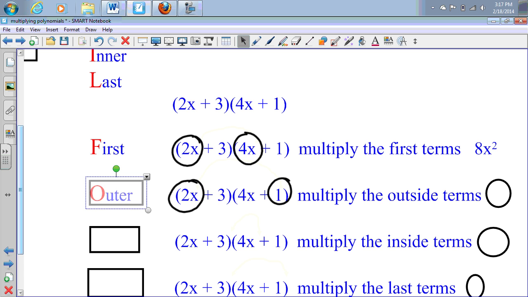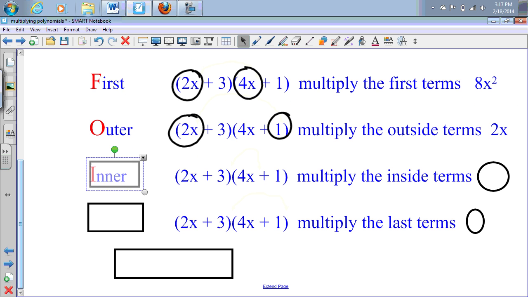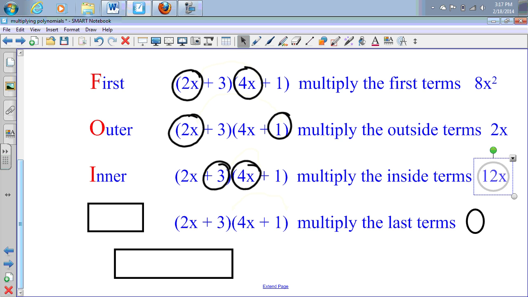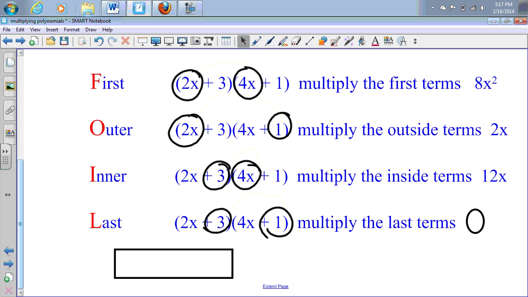So O is outer or outside. 2x times 1 is 2x. Then we get I for the inner. That's 3 and 4x, which becomes 12x. And then we get the last, which is 3 and 1, which becomes 3.